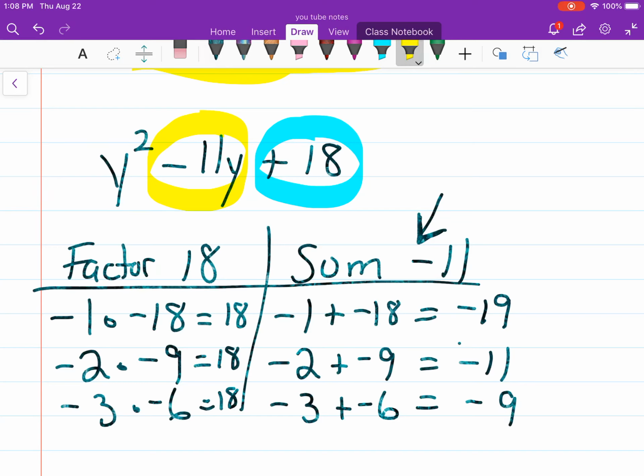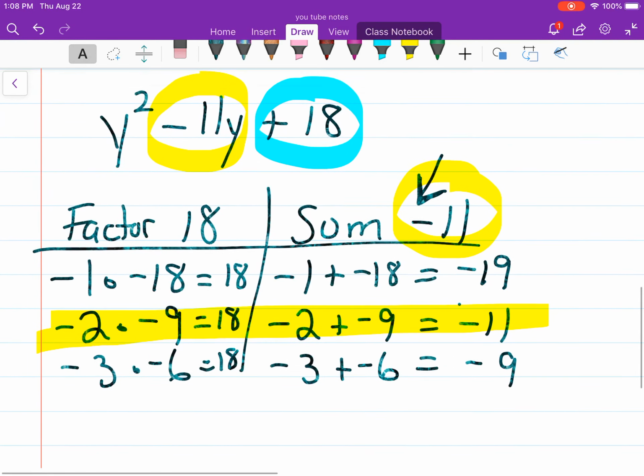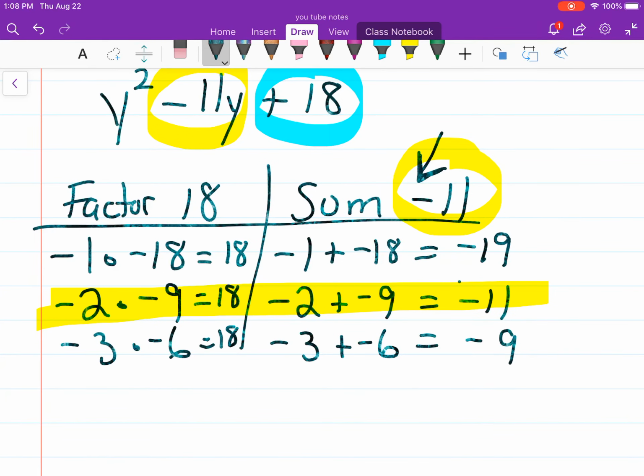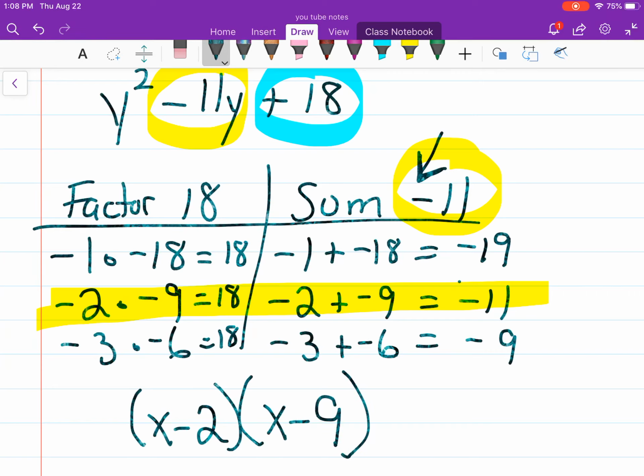I'm looking for the -11, and there it is right there. So I come over here and I have my answer: x minus 2, x minus 9. I'm using minuses because those are negatives, and I just take that -2 and the -9 and put them right there.